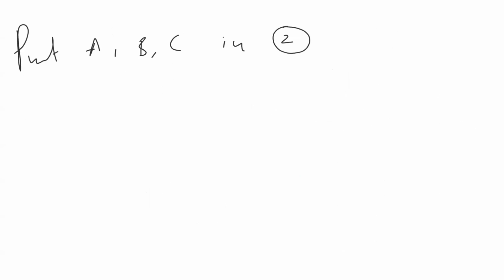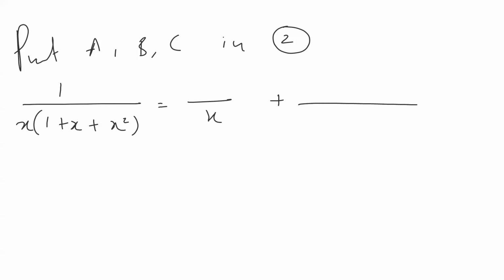So 1 upon x, 1 plus x square, the value of A is 1, the value of B is -1, and the value of C is -1.